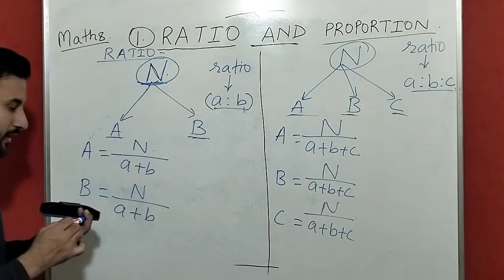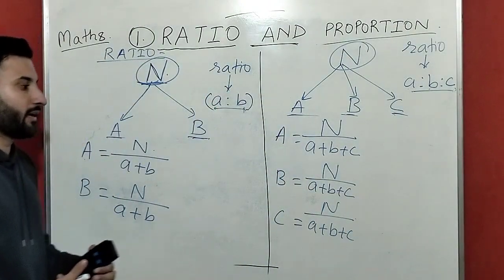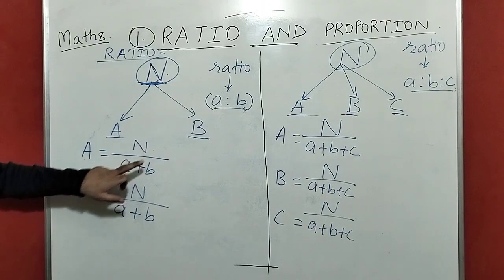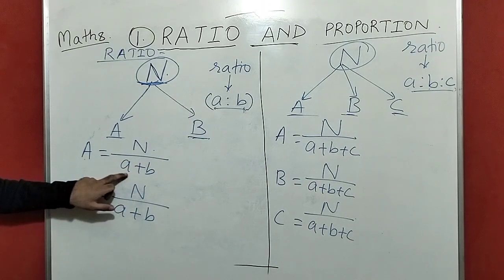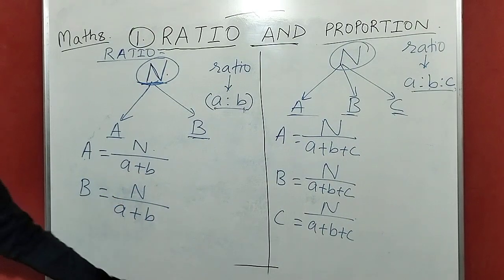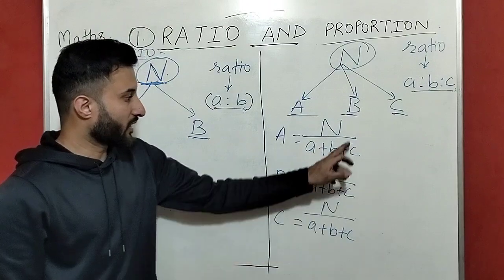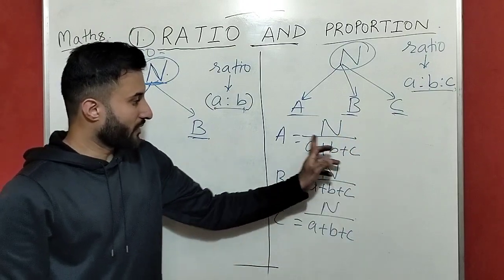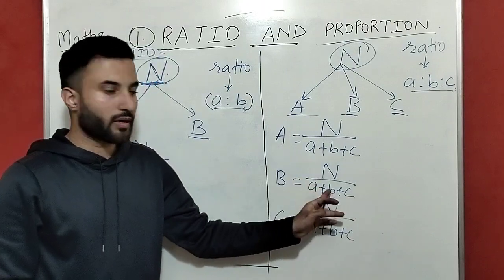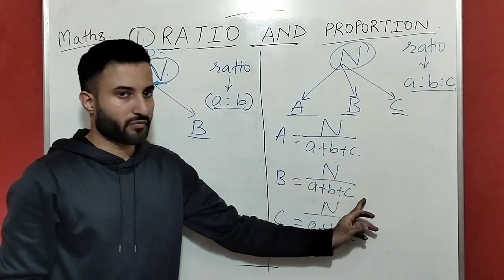See guys, till here it is the same for all: the given number divided by the sum of the ratios.